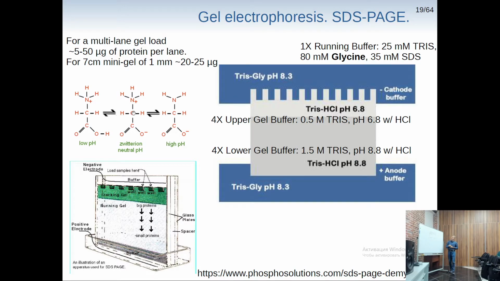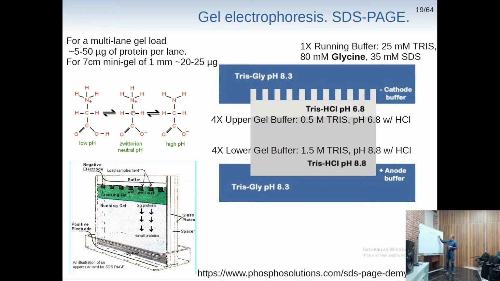Since glycine does not have that charge at the given pH in this stacking buffer, there will be no charge carriers there, because chloride is small and it easily migrates through this gel.